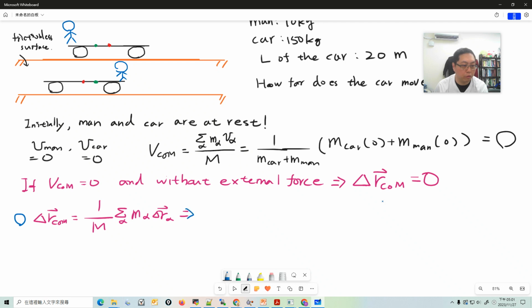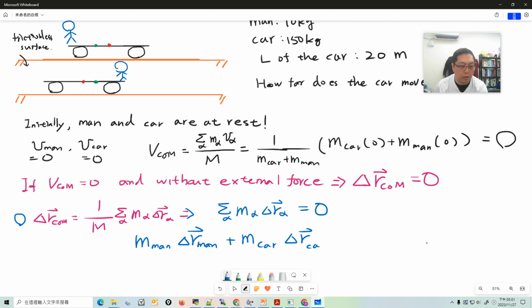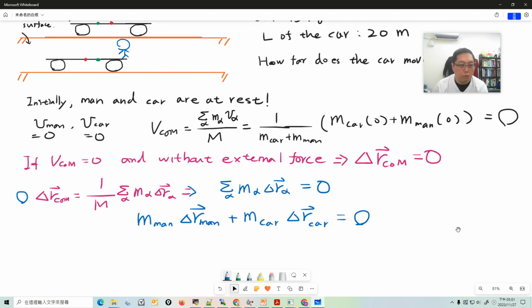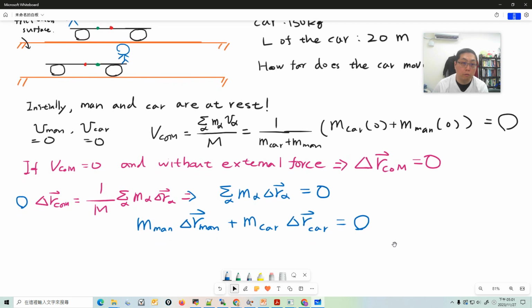So this gives you the summation over alpha of m alpha delta r alpha equal to zero. For this particular problem, the equation is: M man times the displacement vector of the man plus M car times the displacement vector of the car is equal to zero.